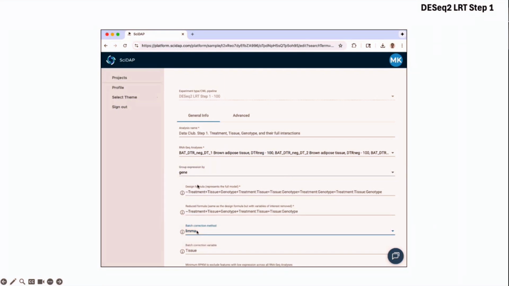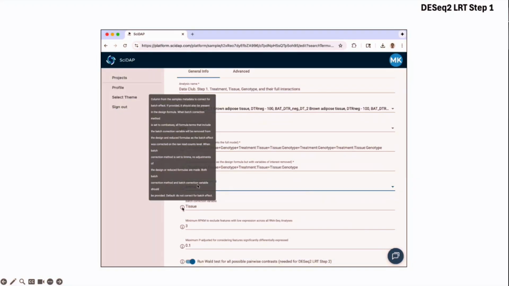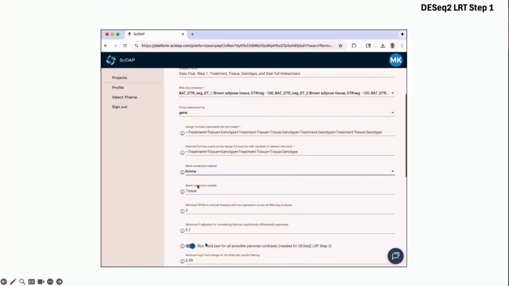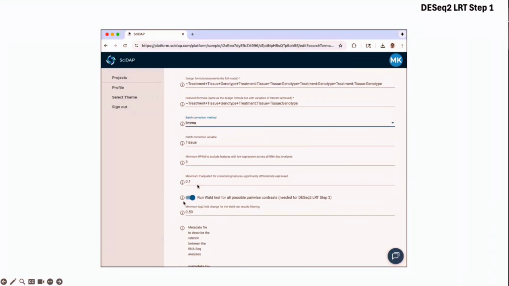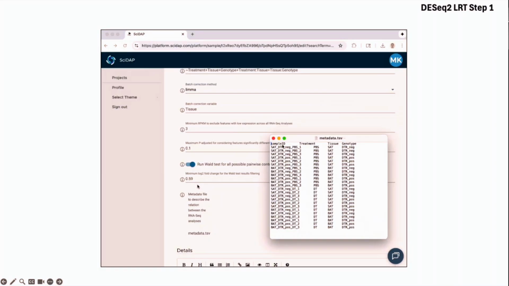In this case, I wanted to correct by tissue to make the heat map look prettier, because otherwise on the heat map, we will only see the difference caused by tissue. Then there was filtering by RPKM, filtering by p-adjusted, and filtering by minimum log-fold change for all of the possible Wald tests. And this is the file that describes how samples are related to each other, the metadata file.